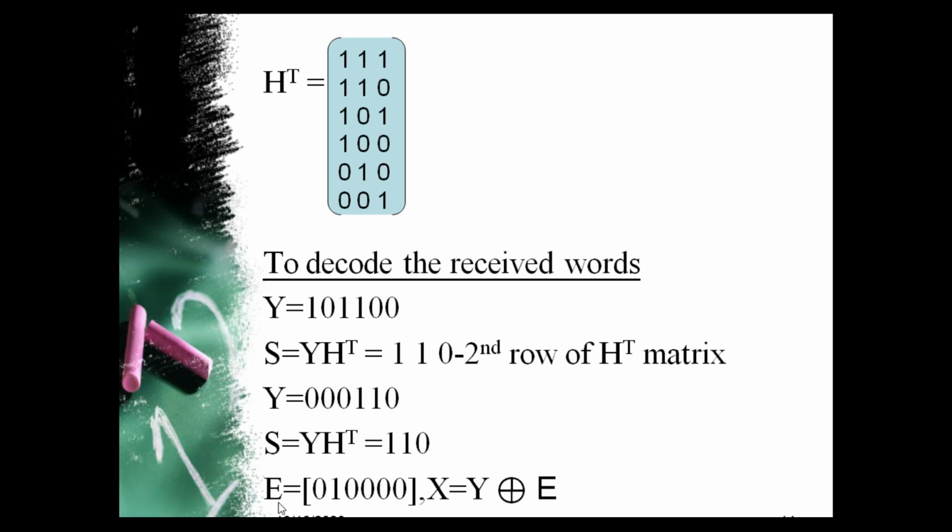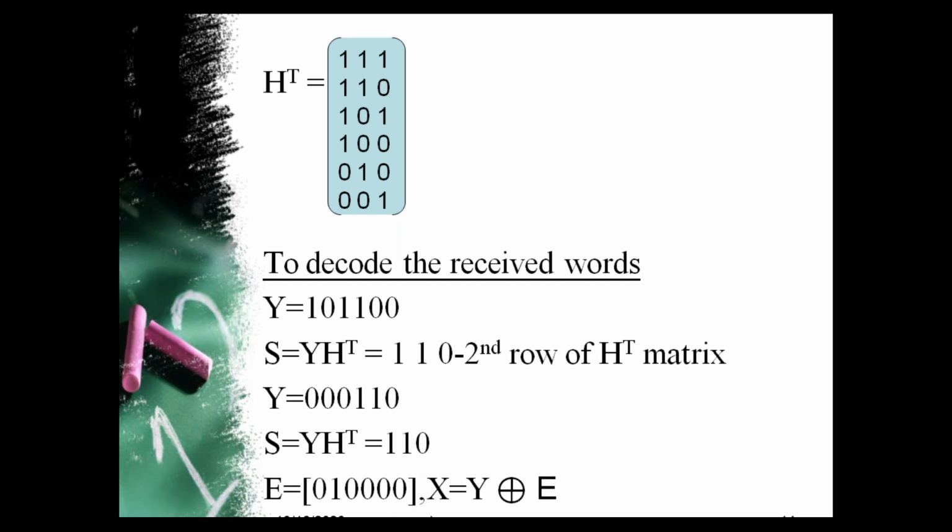Therefore, the error vector corresponding to that error in the second bit position is 0 1 0 0 0 0, a 6-bit vector in which the second bit is 1. In both cases the error has occurred in the second bit, therefore the corresponding error vector is written here.